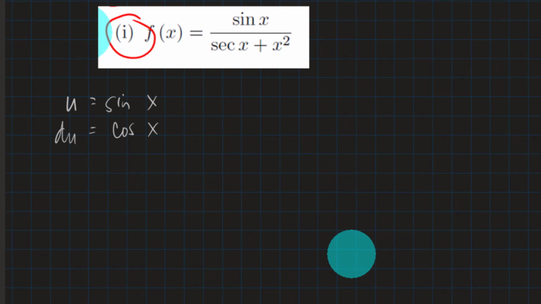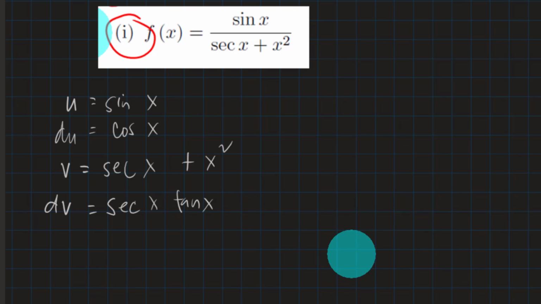Derivative ng sine is cosine x. Then, ang ating v ay secant x plus x squared. Ang derivative nito, dv, is secant x tangent x plus 2x. Okay?